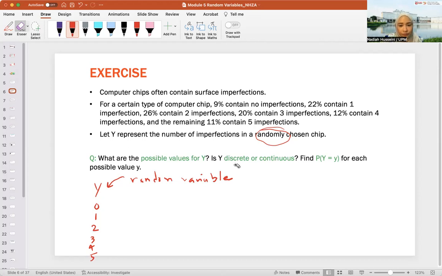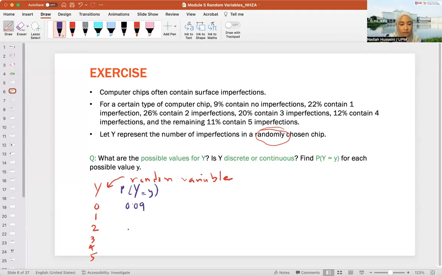Okay, find the probability of the random variable Y equals small y for each possible value of Y. So now they're asking us to list down the probability of Y equals small y. So for 0, there is 9%, so this is going to be 0.09.